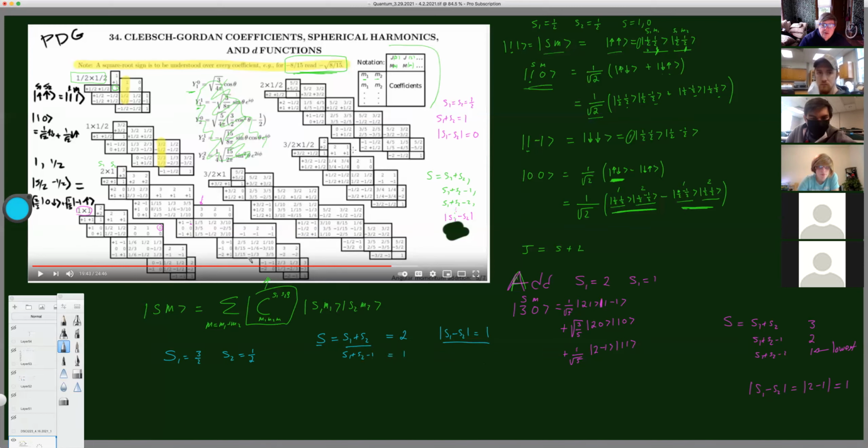Okay. Indeed, up here we only have 1s and 2s for our total. Okay, let's figure out what the state is. 2 minus 1: total S equals 2 and minus 1 is the total M. You guys tell me.